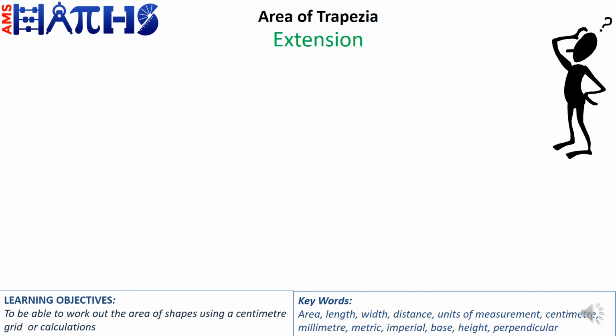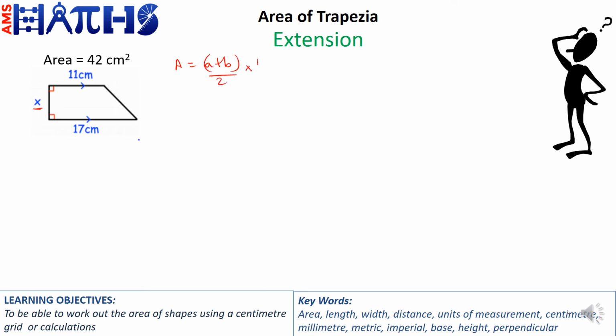Let's try some extension problems with trapezium. In the first example, we have a trapezium with area 42 centimeters squared, and the lengths of the two parallel sides are given. We have to find the height, which is labeled x. We start with the formula: area equals the sum of the parallel sides divided by 2, multiplied by height.